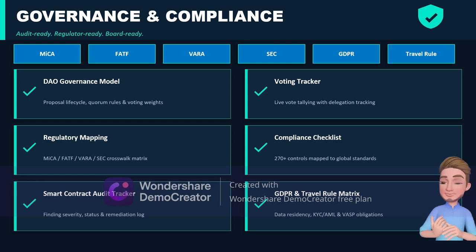The Blockmaster OS includes a full regulatory crosswalk matrix covering all the major frameworks, 270 plus compliance controls, a smart contract audit tracker, and a GDPR plus travel rule compliance matrix. For DAO-based projects, the governance model and the voting tracker give you the operational infrastructure to run compliant and auditable on-chain governance. This isn't theoretical. This is production governance infrastructure.